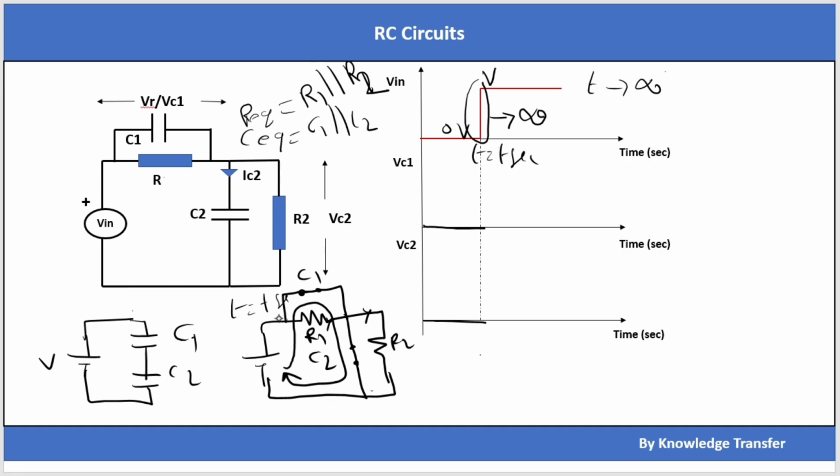If I calculate the total current which is flowing here, I is equal to V by R. Because R is equal to 0, an infinite amount of current is flowing here. Because of that infinite current, the capacitors will quickly charge to VC1 and VC2.